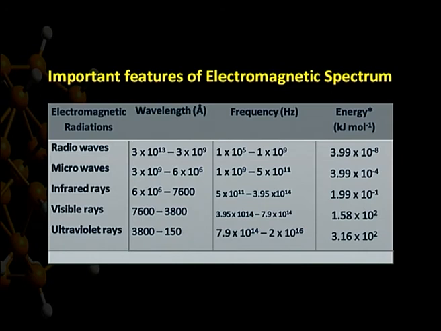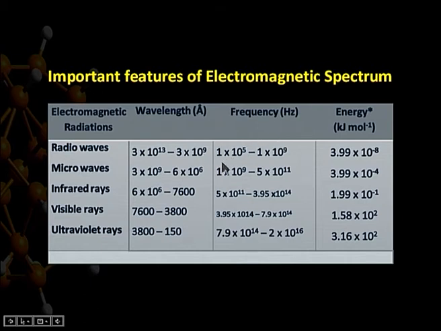Some important features of the electromagnetic spectrum are given in this table. Electromagnetic radiations are radio waves, microwaves, infrared rays, visible rays and so on. The wavelength of radio waves in angstrom is 3 into 10 raised to the power 13 to 3 into 10 raised to the power 9 angstrom.